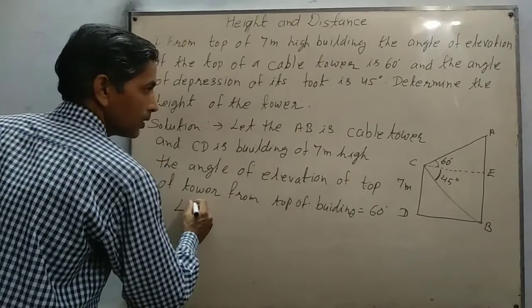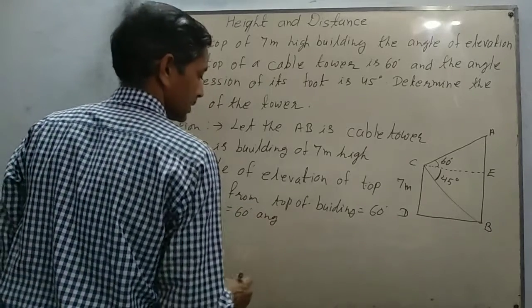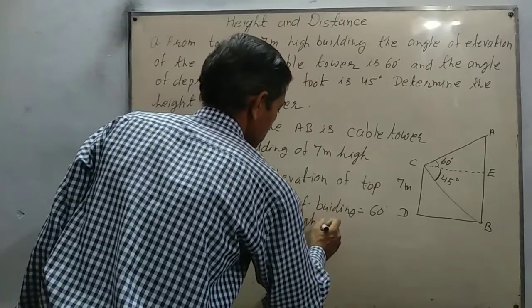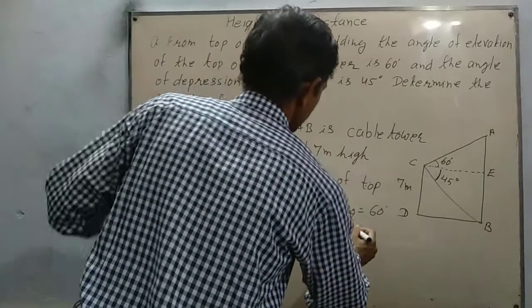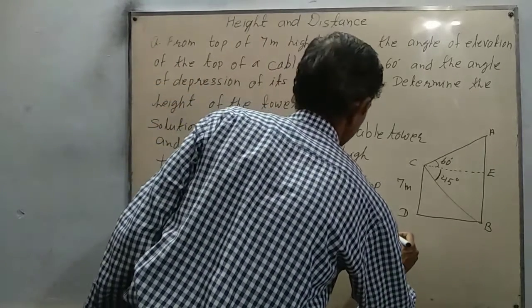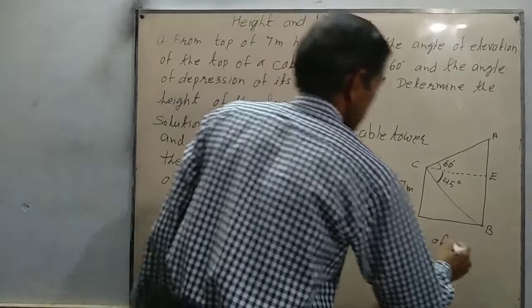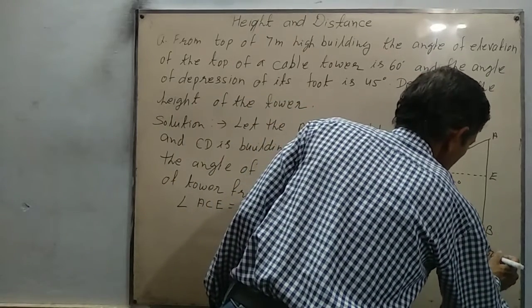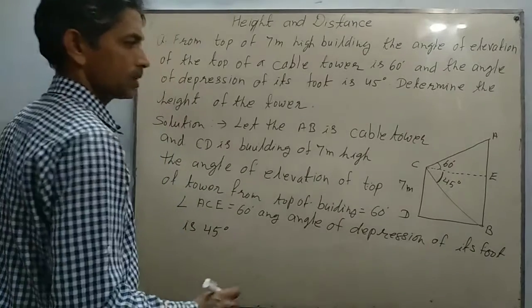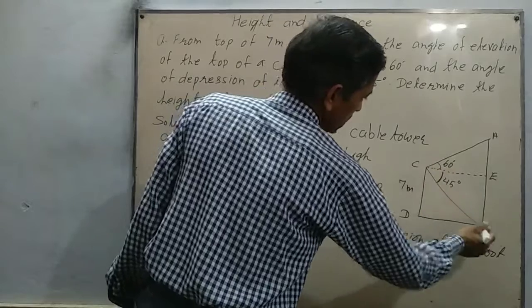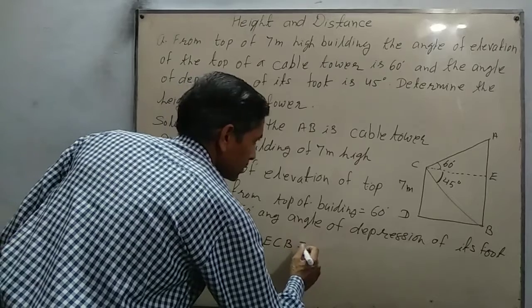So angle ACE is equal to 60 degree and angle of depression of its foot is 45 degree. So angle ECB is equal to 45 degree.